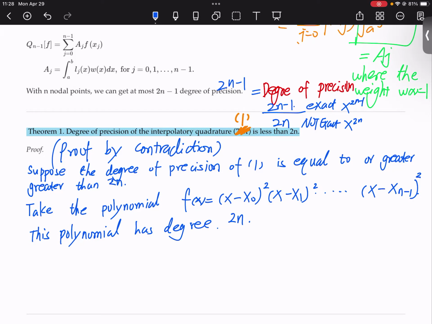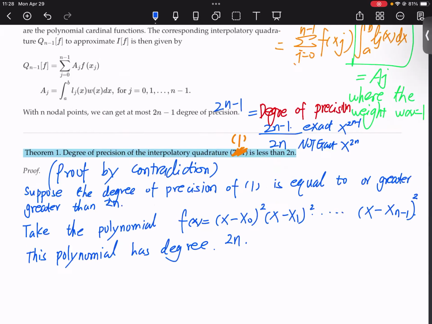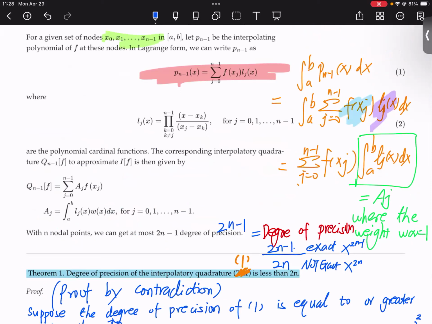Now let's plug this polynomial into that quadrature rule. What do we have for the quadrature rule here? First of all, we are using this to approximate the integral of f(x) on [a, b].